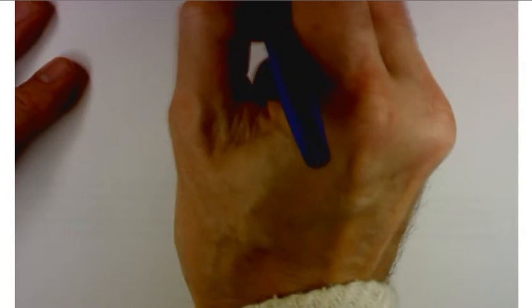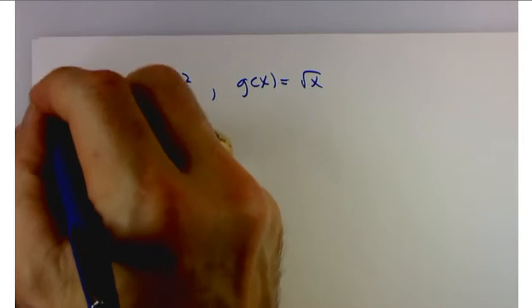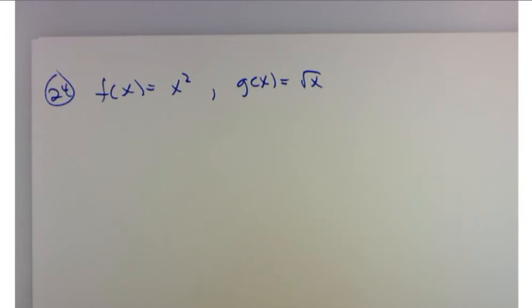So problem 24 gives us two functions. f of x is x squared, g of x is square root of x. It says draw the graphs on a common screen to illustrate graphical addition.